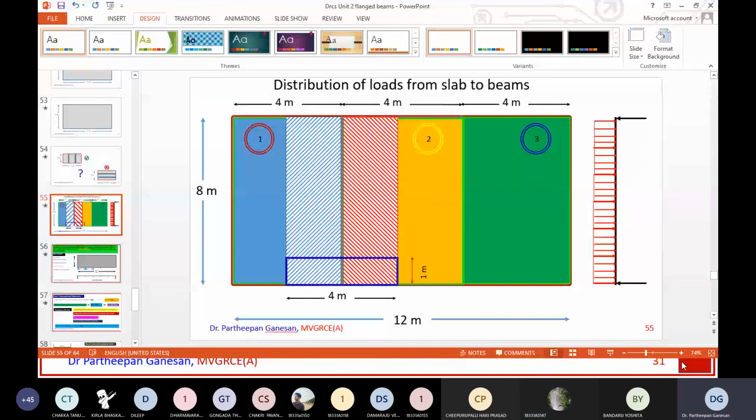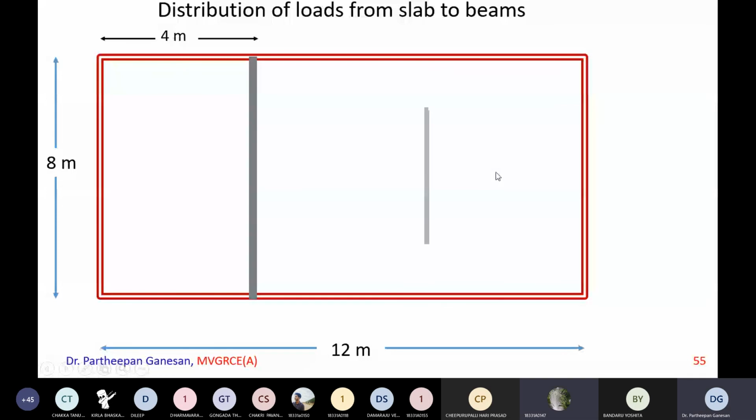If more load is kept nearer to the intermediate beam, then also will the load be equally divided into the edge beam and this beam, sir? Or will there be any change in the load distribution?